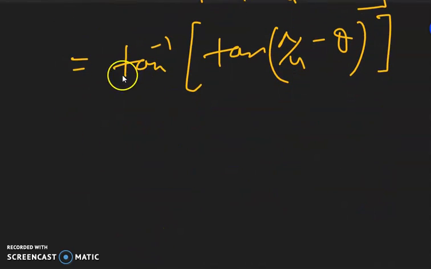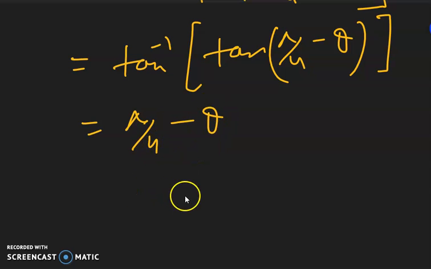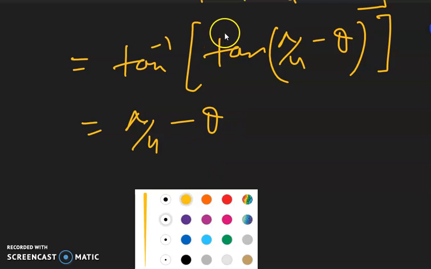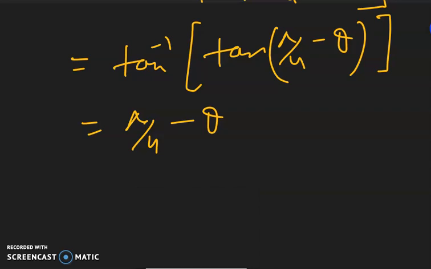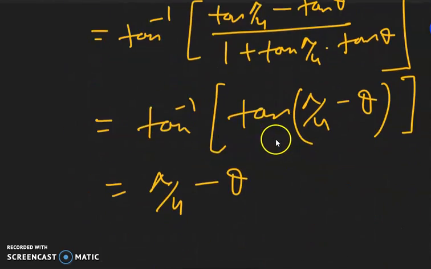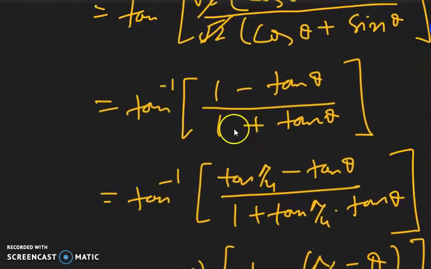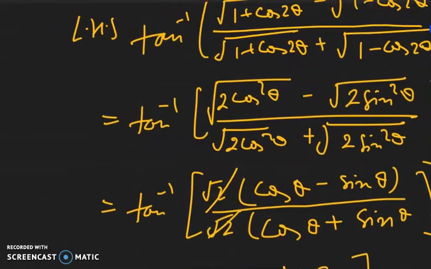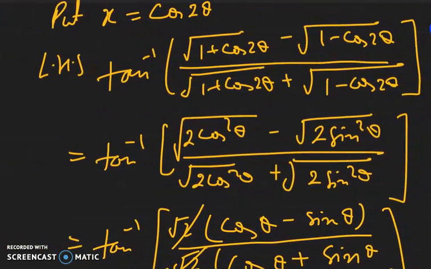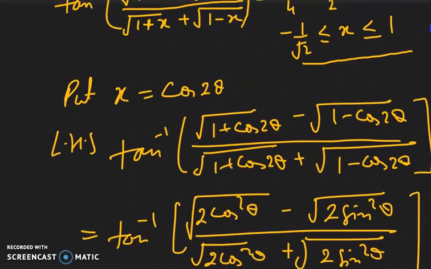So tan inverse of tan of pi by 4 minus theta. Now as inverse and tan should cancel out, so I should get pi by 4 minus theta. And in the beginning, when we substituted, x is equal to cos 2 theta.